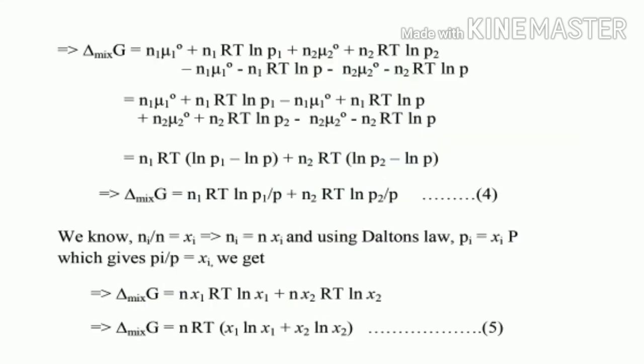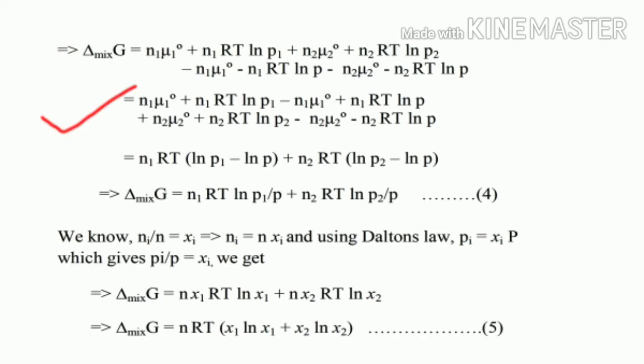Okay. This implies del G mix equal to N1 mu1 naught plus N1 RT ln p1 plus N2 mu2 naught plus N2 RT ln p2 minus N1 mu1 naught minus N1 RT ln P minus N2 mu2 naught minus N2 RT ln P.